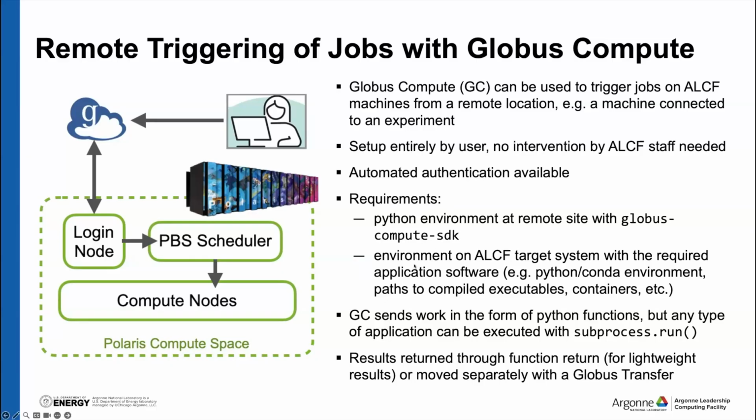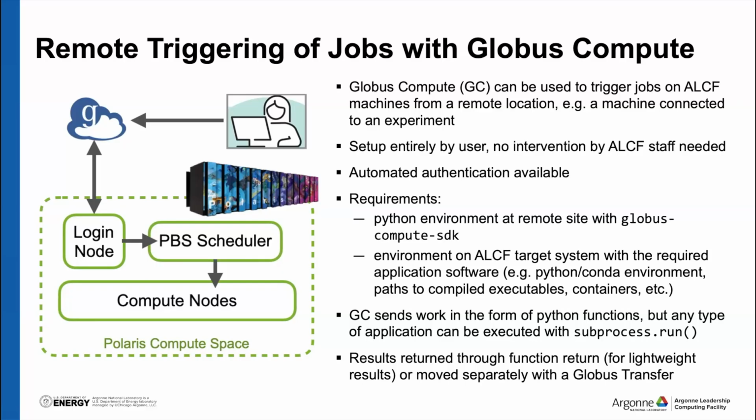And then you need an environment on the ALCF side, so on Polaris in this case, where you have all the required application software installed. So any Python packages, compiled executables, containers, etc.